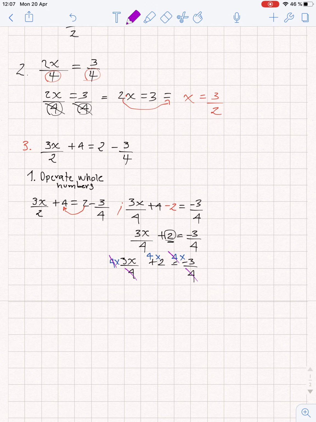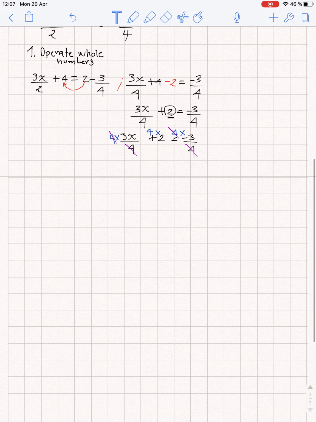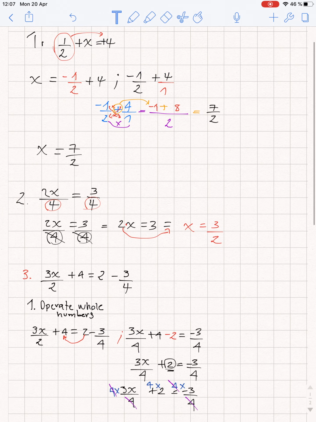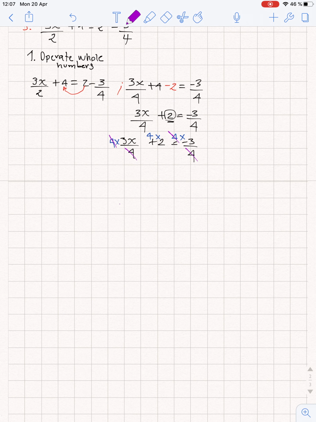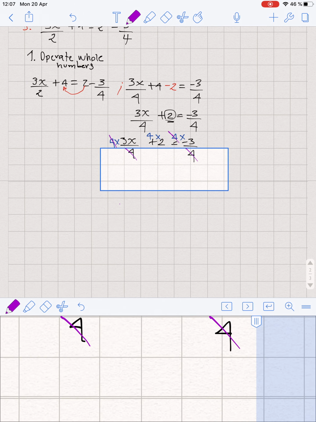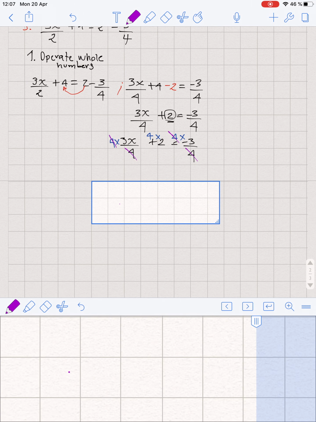In this sense, we will have 3x plus 8 equal minus 3.